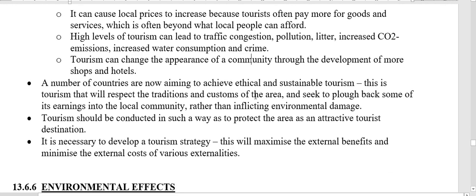Then it does cause local prices to increase as well. Okay, that is very unfortunate because tourists, as a result of our very weak currency, are able to pay higher prices because their currencies are so much stronger than ours. So at the tourist destinations, very often, the prices of goods and services are increased in the peak seasons so that businesses can make a lot of money from the tourists who are able to pay these high prices.